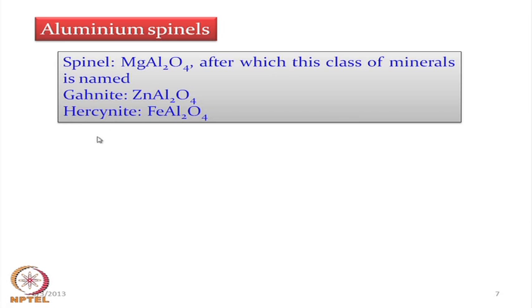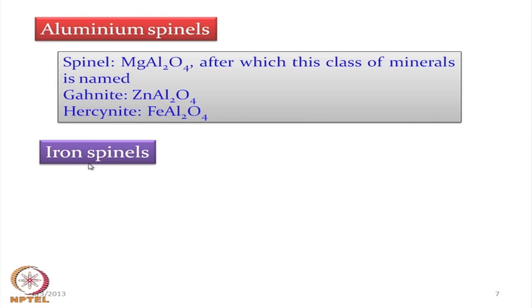So, these are all available naturally, and some of them have been identified nicely, and we can explore them for their typical applications. Based on the parent structure, which is formed from aluminum or from iron, we can label them as aluminum spinels or iron spinels.